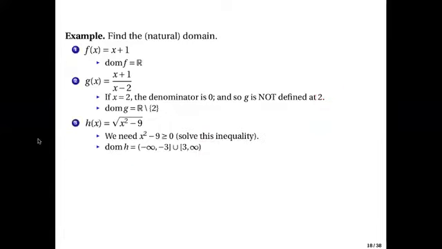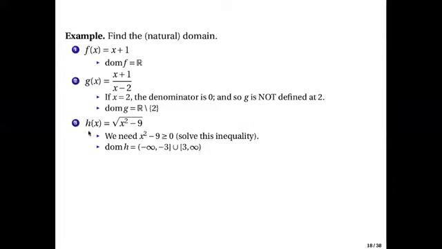Another function here, h of x equals square root of x squared minus 9. Try to check that this is a function. Now, we said that if you have a square root, the one inside must be positive or equal to 0.